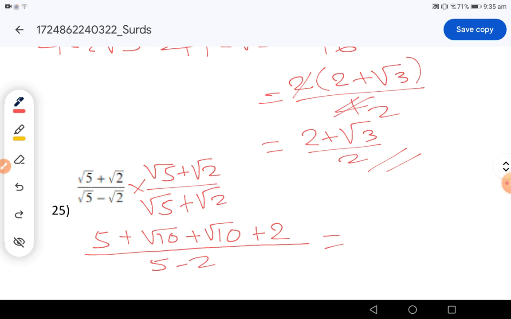So 5 plus 2 is 7, and root 10 plus root 10 is 2 root 10, divided by 3. So that is the answer.